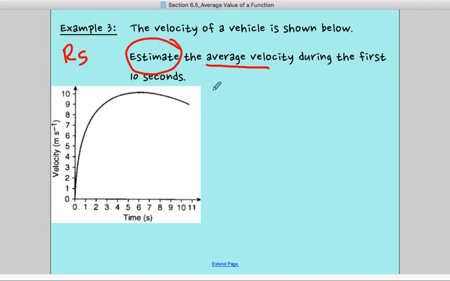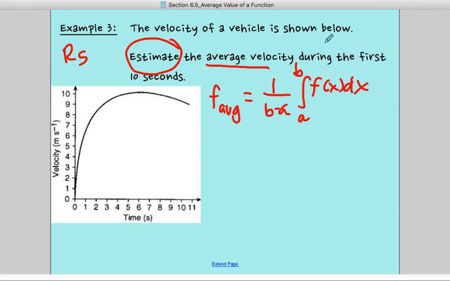So let's remind ourselves. The average value is 1 over b minus a, times the integral from a to b of f of x dx. When I plug in my b and my a, the interval I'm talking about, the first 10 seconds, is from 0 to 10.